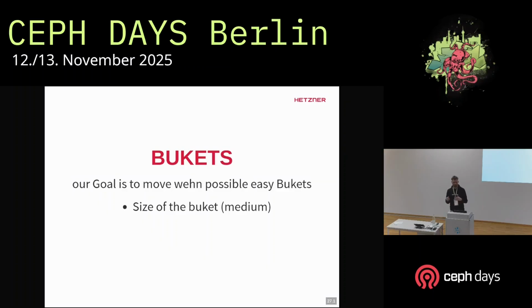Moving a multiple terabyte bucket takes time, and you want to be able to delete the data on the source bucket fast, so you have to finish the entire process really fast. So you don't want to move the biggest buckets, but you also don't want to move the smallest buckets, because that will not have an impact on the cluster capacity. So medium size is what we're looking for.